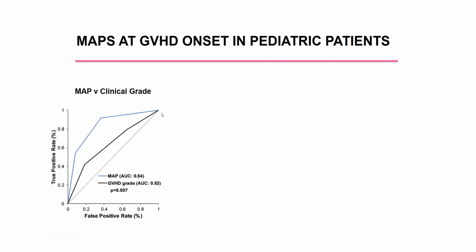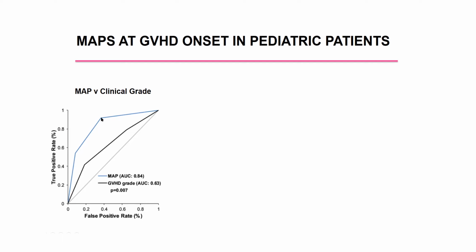This is at the onset of treatment. And the more that this curve looks like a right angle, the more accurate the test. So this is sensitivity, or the true positive rate, on the y-axis. And it's actually the false positive rate, or 1 minus the specificity, on the x-axis.